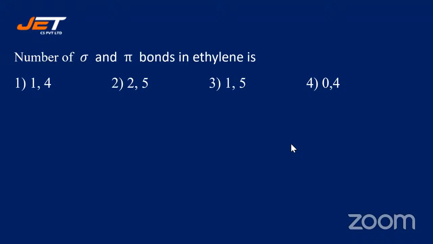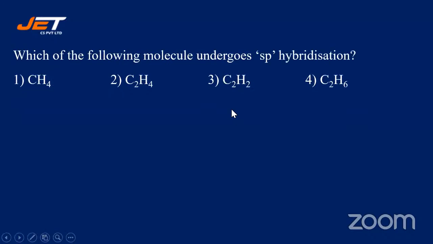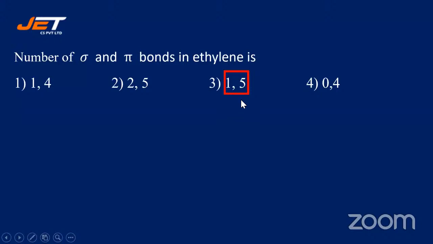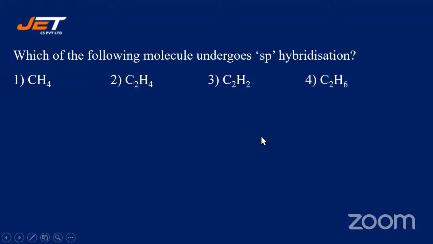I'm getting different answers. We shall check the key. Oh, sorry, it is option 3. It has 5 sigma bonds and 1 pi bond. Let us move to the next question.